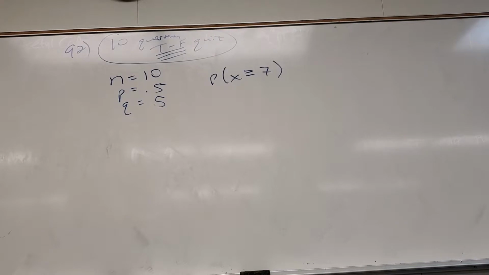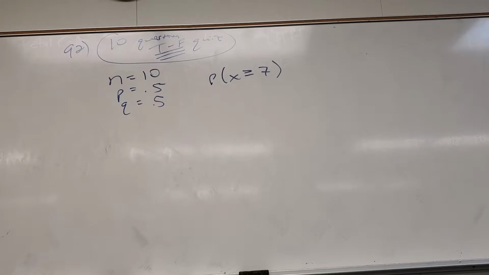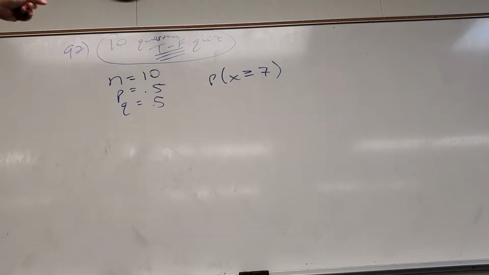So again, 4 cases, right? So I don't want to do the opposite. What would the opposite be? 6 or 5 or 4 or 3 or 2, that's more work. I'm not going to do the opposite then. I always get students that are like, well, you said to do the opposite. No, only if the opposite has less work. Here, does the opposite have less work? No, I'm just going to do this directly then.